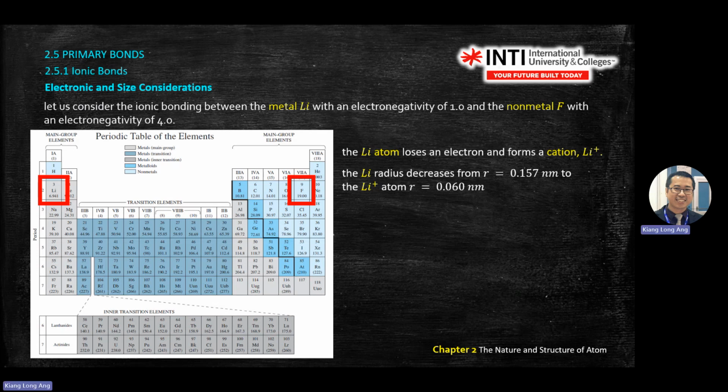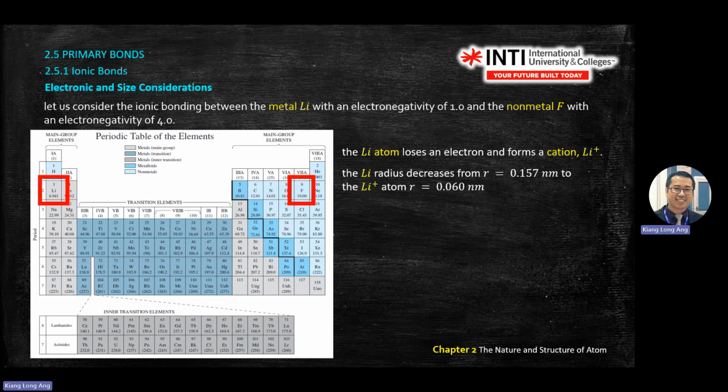And just now what did you say? Yes, it loses 1 electron, but the positive charges still remain. So more positive charge is there, and you only have 2 negative charges. It's like a magnet, so more force pulls the electrons inward. That's why the radius decreases.